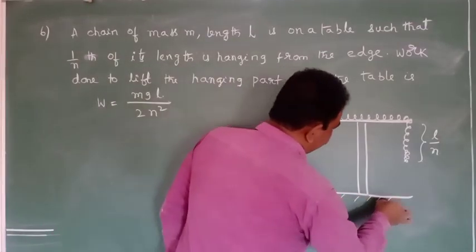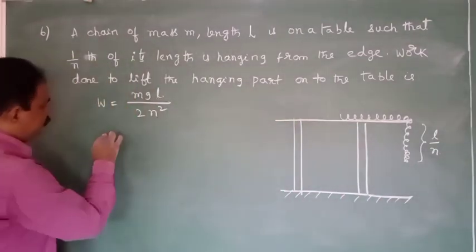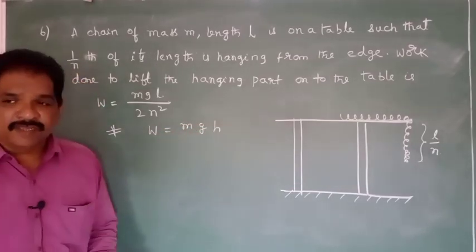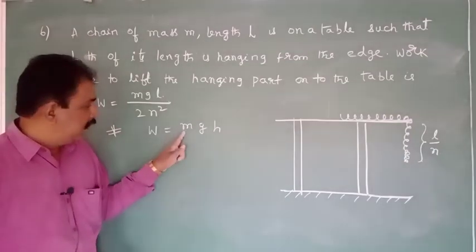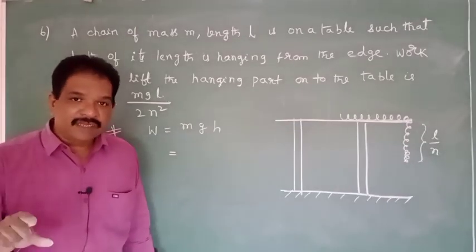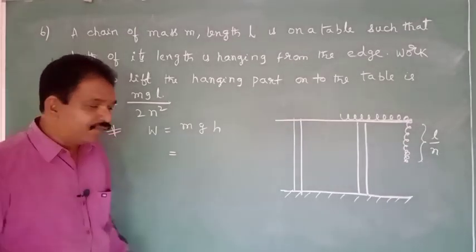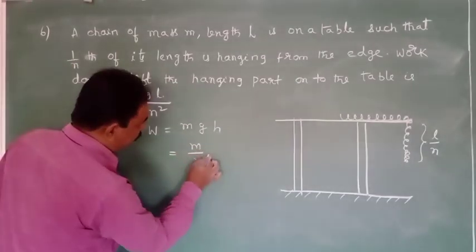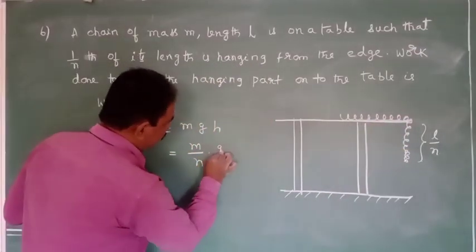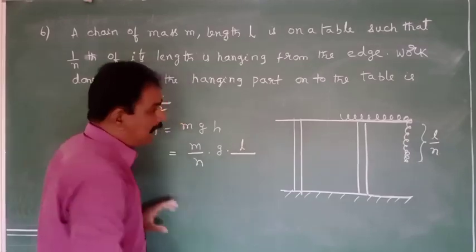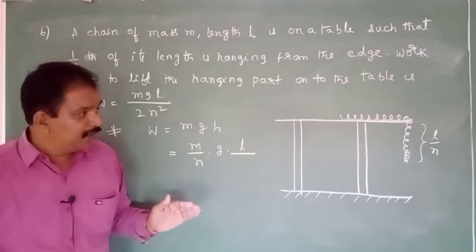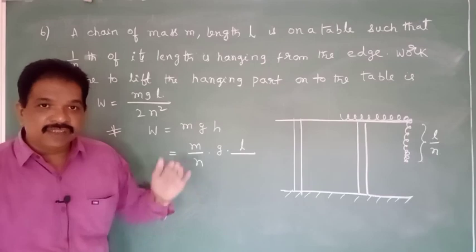How did this come? Let us see. The basic formula is Fs cos theta or mgh for calculating the work done. Here we have to consider the mass of the hanging part. The mass of the chain is m, so the mass of the hanging part will be m by n. This is the mass of the hanging part into g. And the length of the hanging part is L by n only. But here we have to consider the shift in the center of mass.